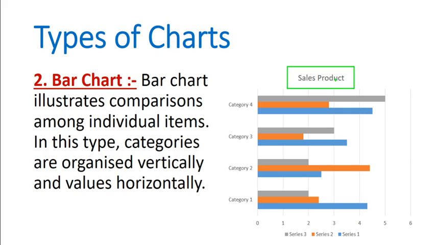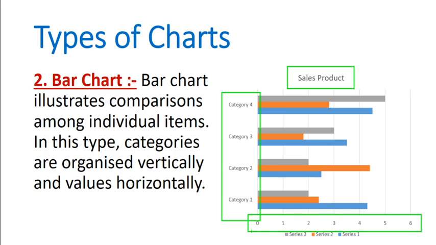This is the title of the chart, and as we can see this part, category 4, category 3, category 2, category 1, this is the vertical axis. And as we can see this downside part, 0 1 2 3 4 5 6, this is the horizontal axis.